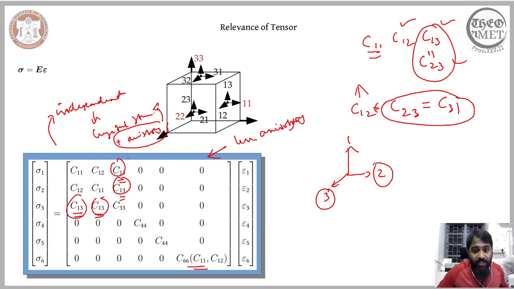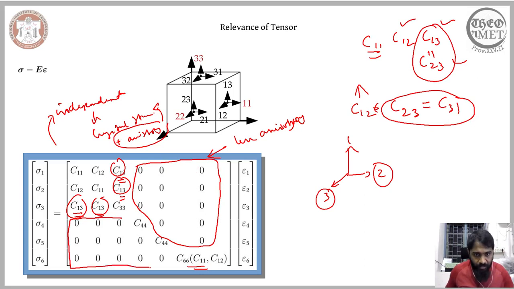If I am dealing with a cubic crystal structure, then of course this holds true, because in a cubic crystal structure, all the crystallographic angles are 90 degrees. So these entries are going to assume a zero value. They are going to be trivial ones. And depending on how my anisotropy is, these entries are going to exhibit a different value.